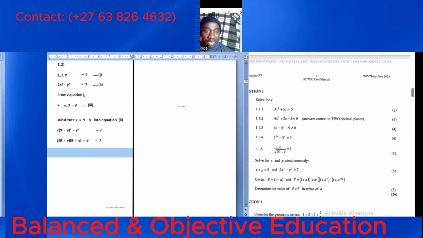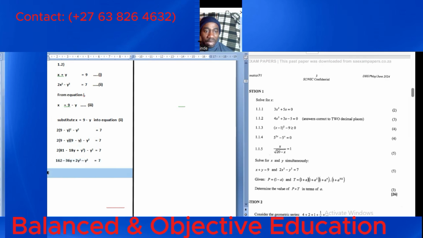And if you expand that bracket, you will have 81 minus 18y plus y squared minus y squared equal to 7. You can expand the bracket with 2, and you have 162 minus 36y plus 2y squared minus y squared equals 7.